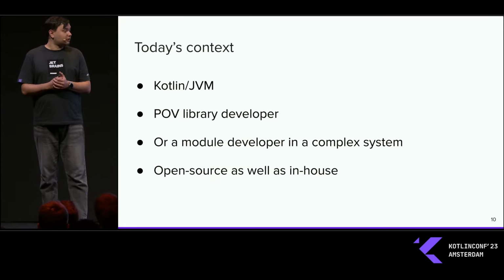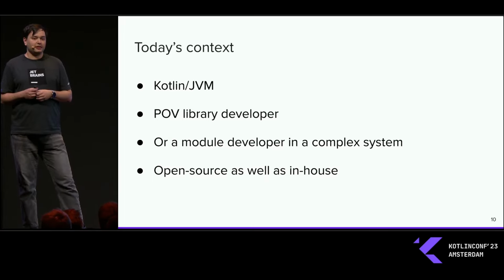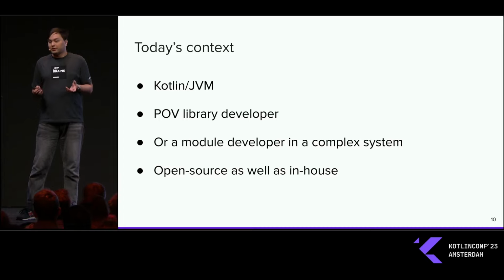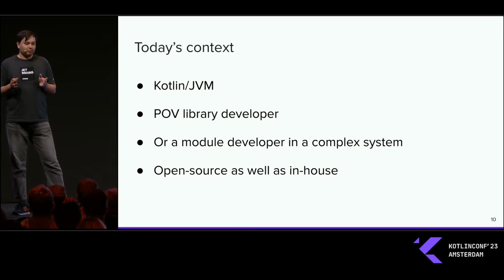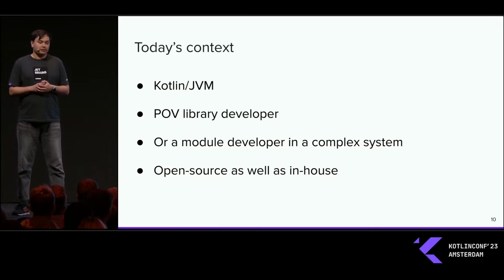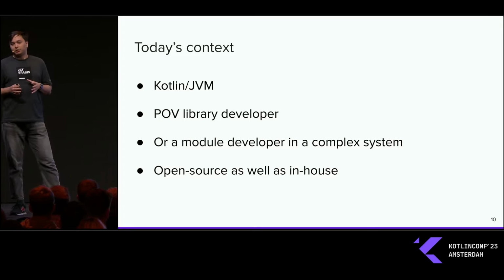Today we'll be talking about Kotlin JVM. Of course, Kotlin JS and Kotlin Native also have some nuances with it, but this talk today is quite short, so we can't fit it today. We will be talking from the point of view of a library developer.